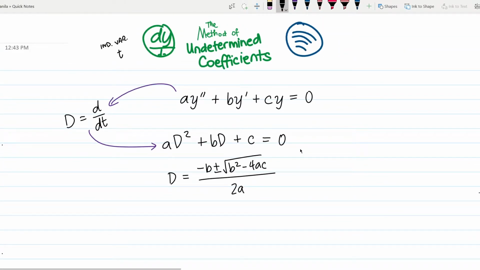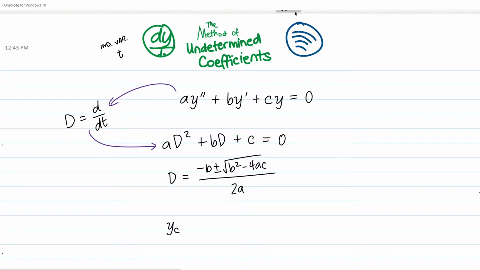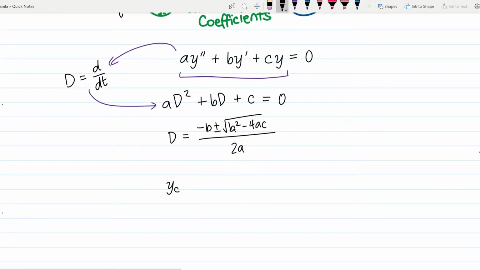Just a refresher, we're going to put this into what we call our solution. There are actually two types of solutions. As of right now, the only solution we've been introduced to is the complementary solution, which is the solution for the left-hand side, the one with the dependent variables.